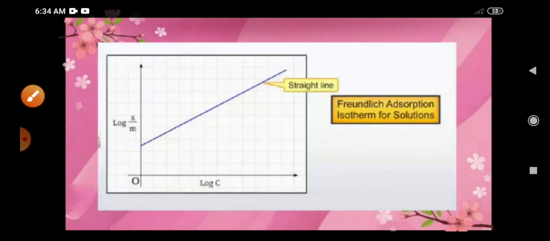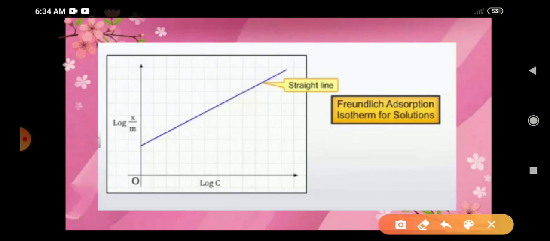When we make a plot for log x by m and log c, we get a straight line, because it follows the straight line equation. The equation which we have written is log x by m equals 1 by n log c plus log k.